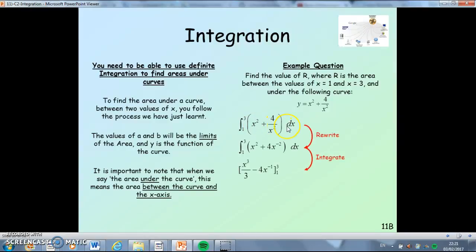Now it's important to rewrite first before you integrate, because for me, and many other students, it helps them see it better, and I would fully recommend using that. And we integrate, and then obviously we split and substitute. So there are 3 steps, or 4, including rewrite, integrate, split, and substitute.